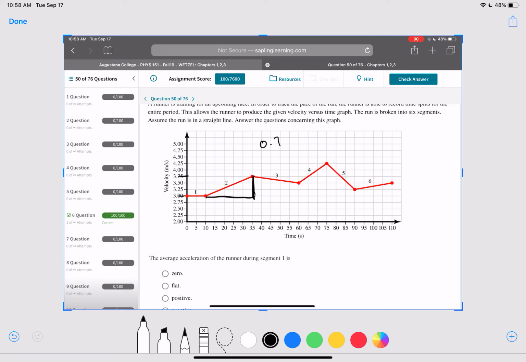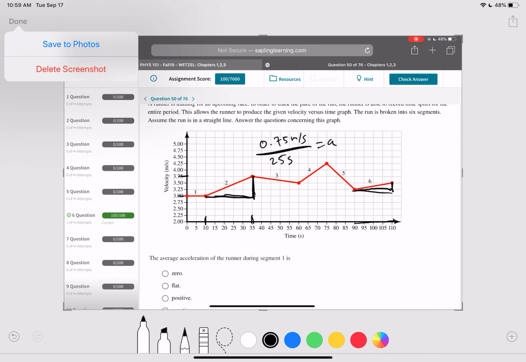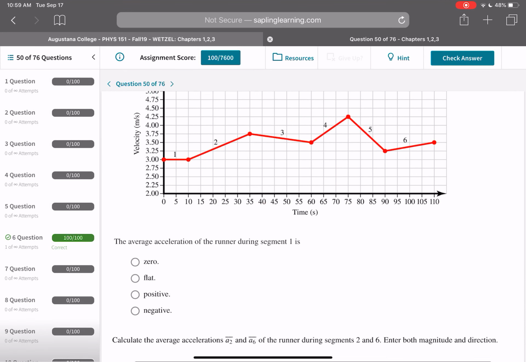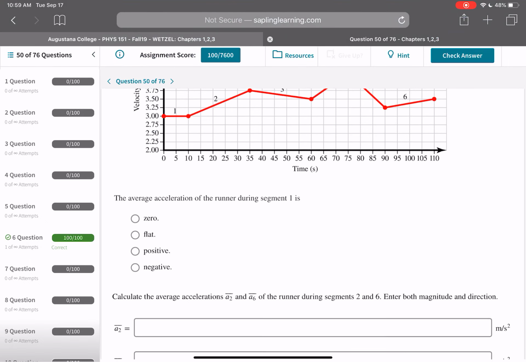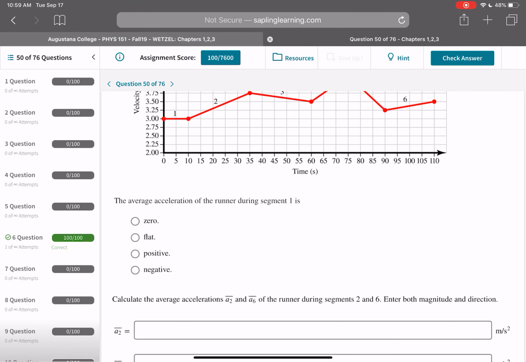So we're going to have 0.75 meters per second as our change in velocity, divided by 5, 10, 15, 20, 25 seconds, because we went from 10 to 35, 25 seconds. So that is our acceleration there, and we're going to do the same thing here. We went up 0.25 meters per second over a time of 5, 10, 15, 20. Okay, so then that's your acceleration during that time. Okay, delete that screenshot, and those are the problems. Okay, next.